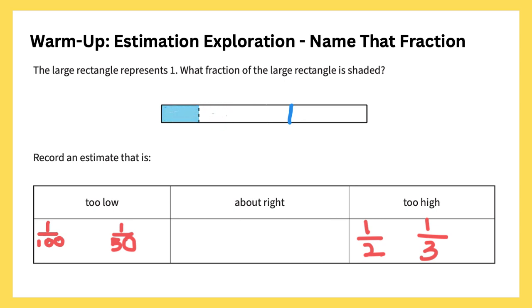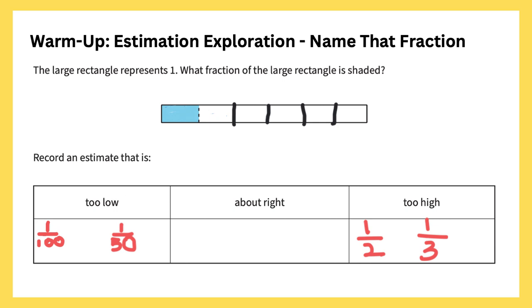And so we can go ahead and make an estimate that is just about right. Using what we know, I'm going to try to make another piece that is about the same, and another, and another, and another.